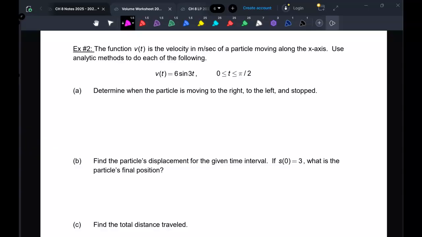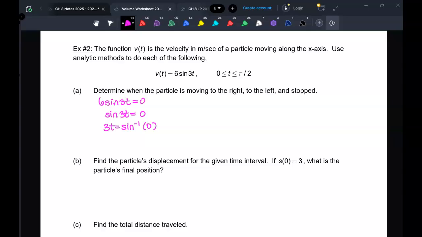So we're going to first find out where it stopped. Now, we want to make sure we get all the solutions between 0 and pi over 2. So we think, okay, where is sine equal to 0? Somebody say 0.